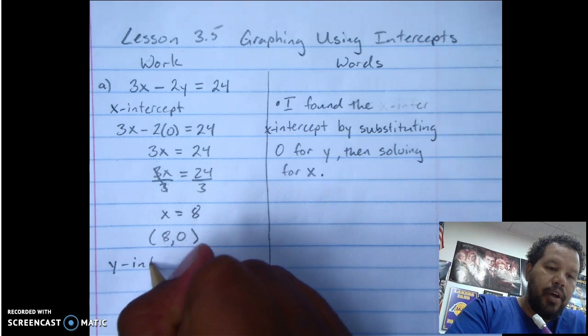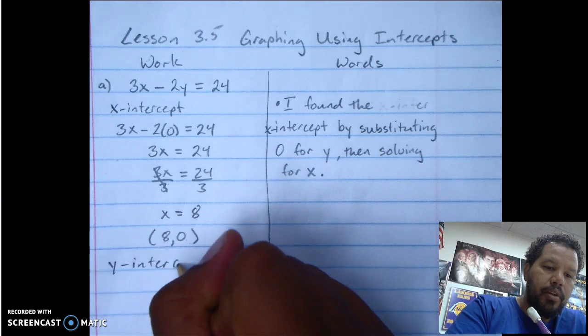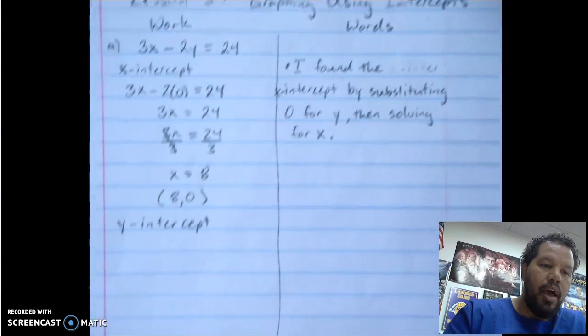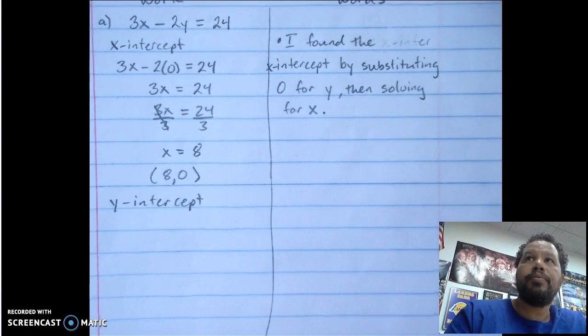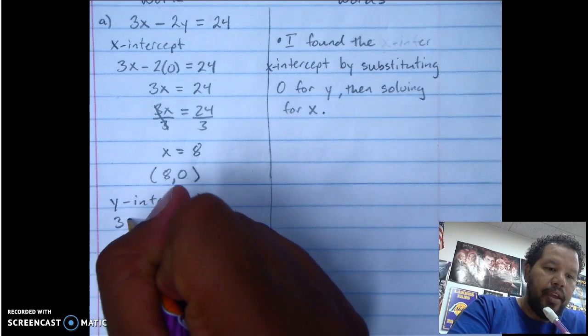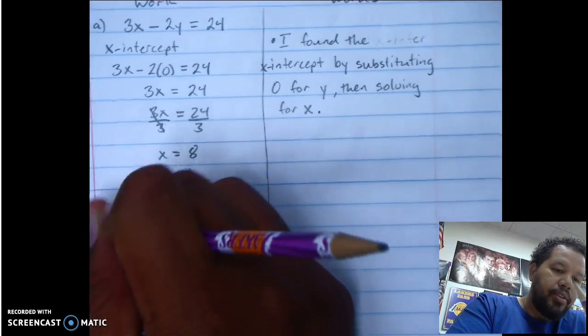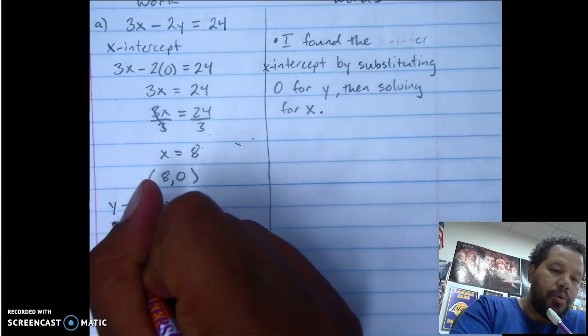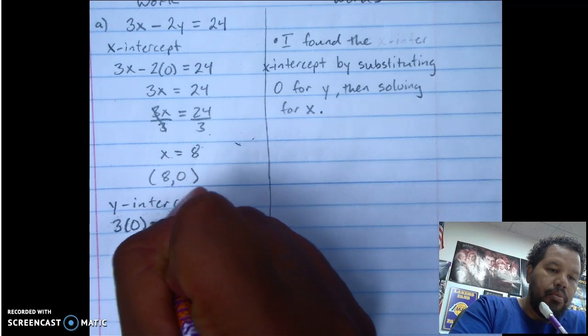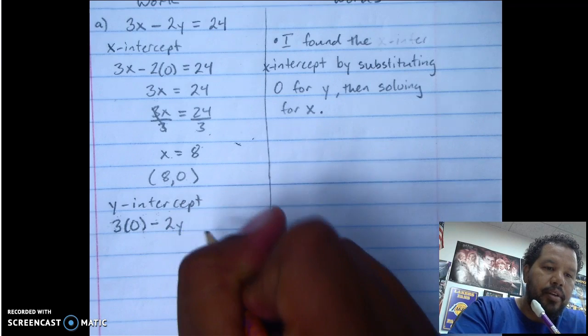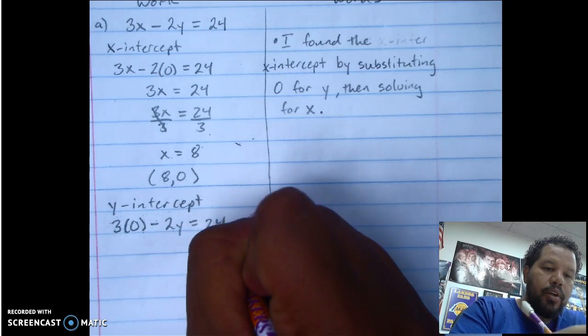Next, I want to find my y-intercept. And this is how I do that one. I'm going to have 3 times 0 minus 2y equals 24.